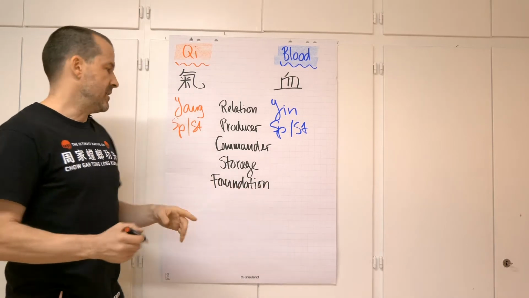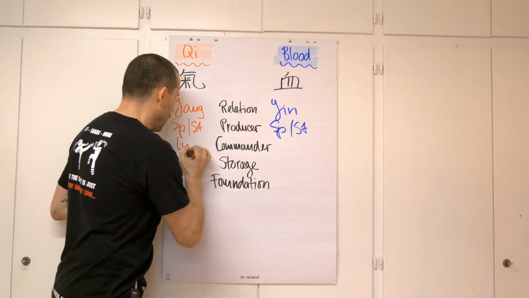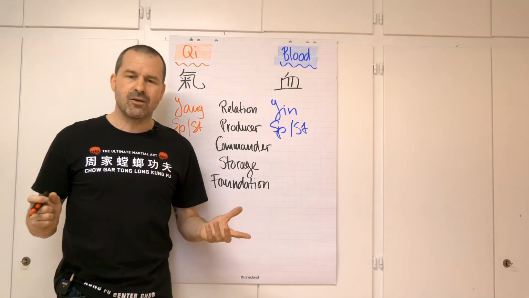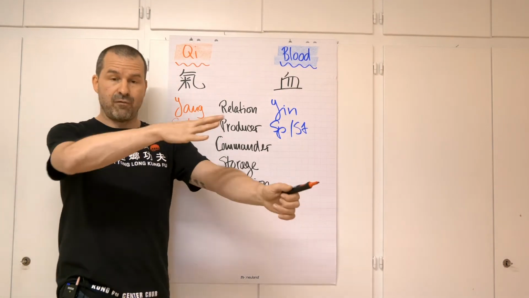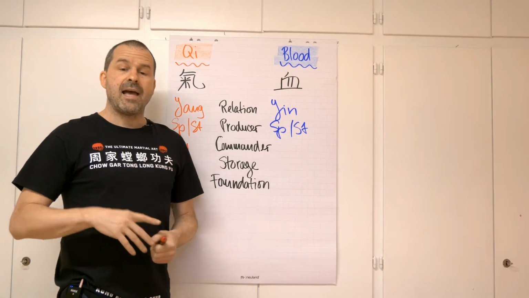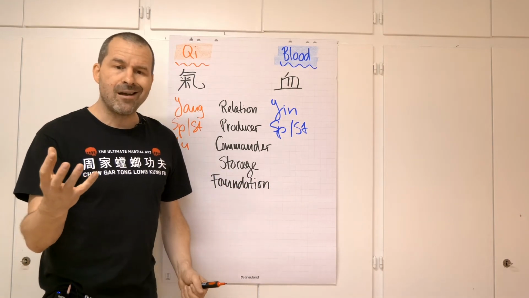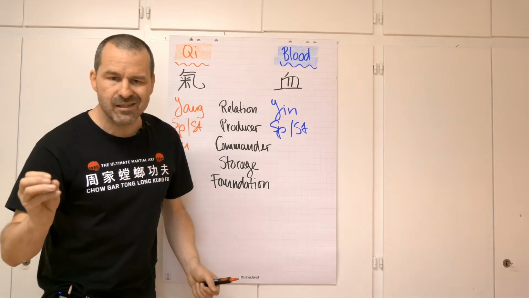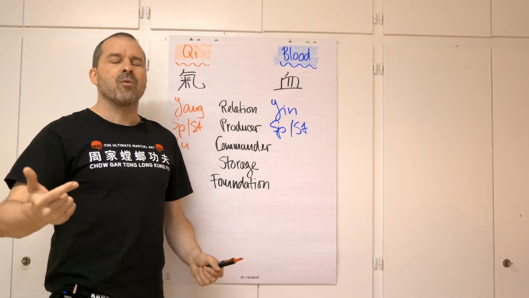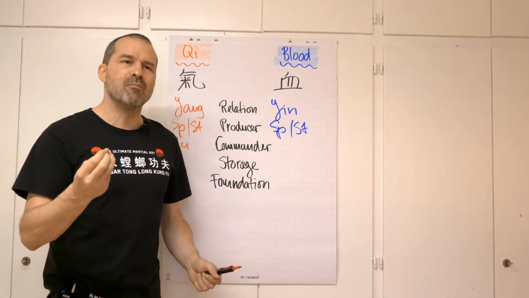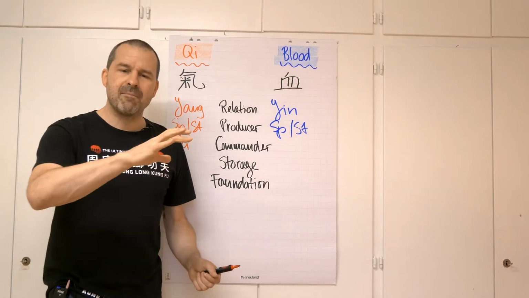So the lung is the commander of the qi, so the lung is responsible for the activity of the qi, for the flowing of the qi. And the qi is not like invisible electricity. In the classic, we see the qi is more like a vapor.